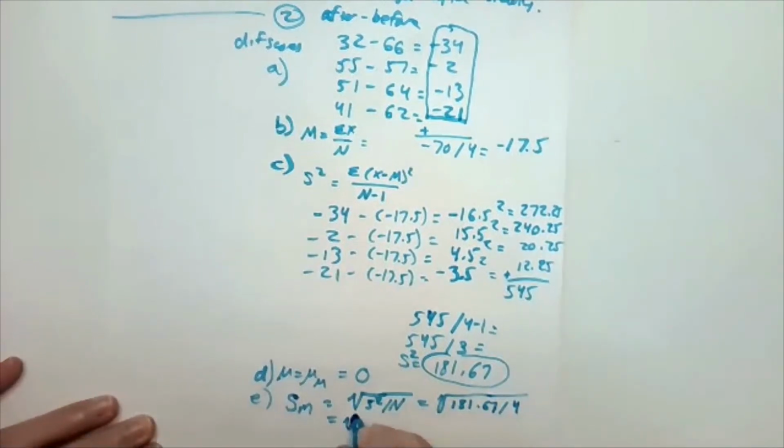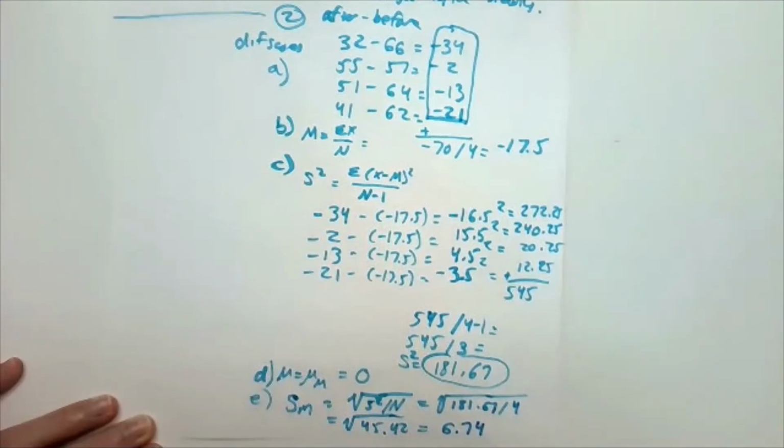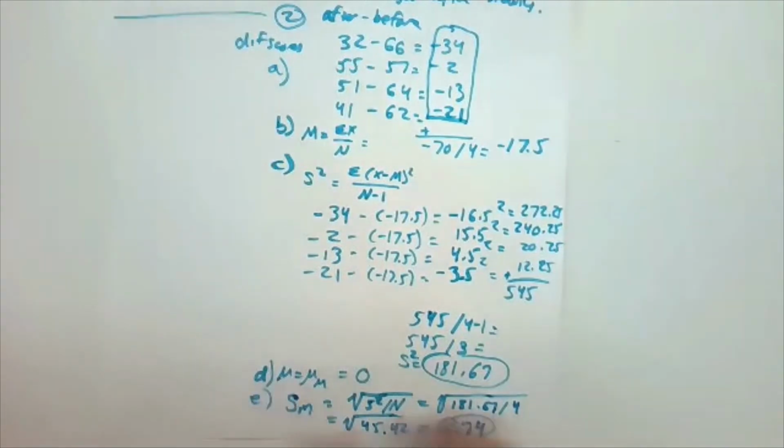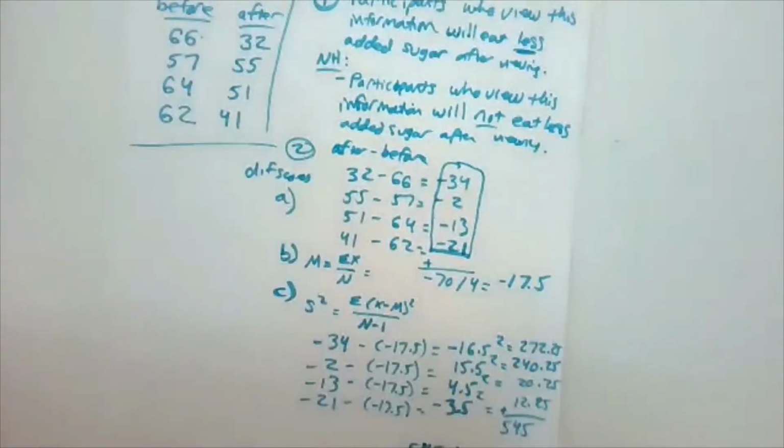That's going to give me the square root of 45.42. And when I take the square root there, that's going to give me 6.74. And last but not least here, let me get a second sheet of paper.